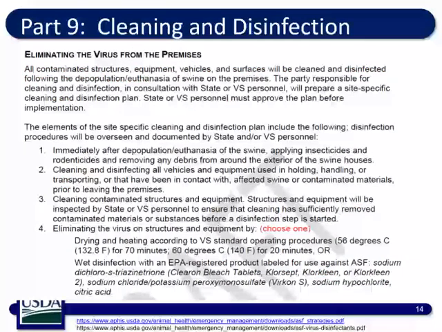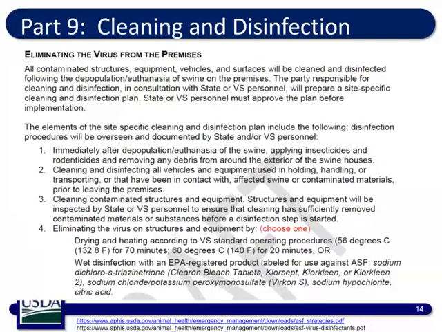And then the next stage of the process would be cleaning and disinfection of the PREM. It talks about what needs to be cleaned and disinfected as far as the barns, the equipment, any vehicles. It talks a little bit about vector control as well as a part of cleaning and disinfection, that there needs to be some sort of rodent and vector control in place.